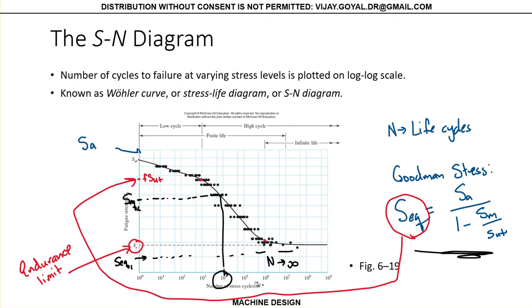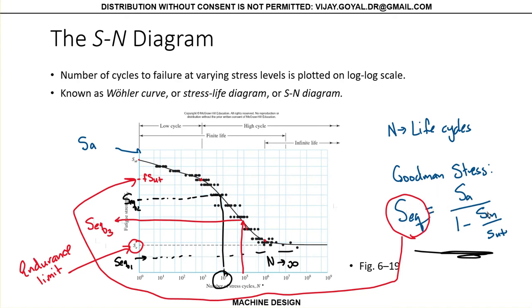Now, I can also do the other way around. I could say, what if I wanted to design something for 10 to the 5 cycles? I would just go up here, and then from here I can go all the way up here and say, oh, this is a value of sigma equivalent, let's say 3. I would take this stress and place it right here.